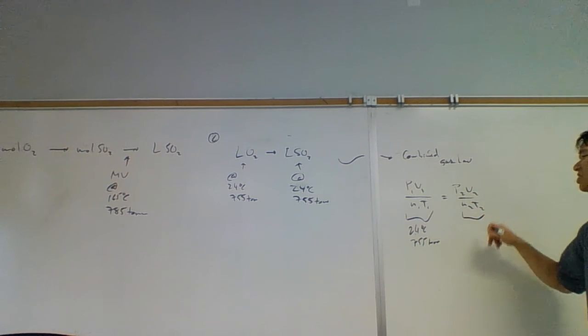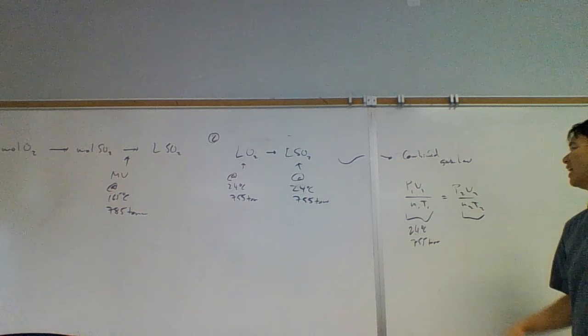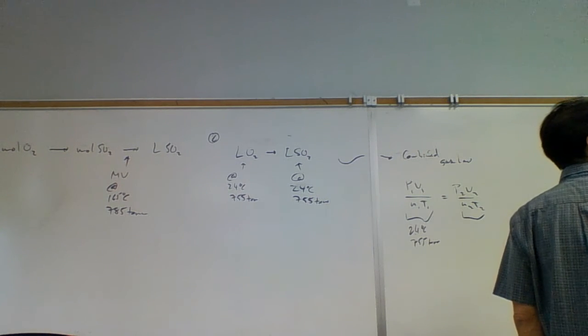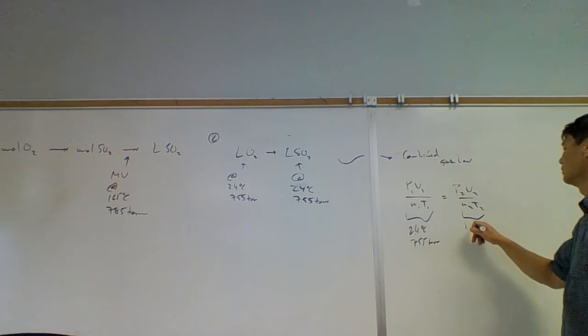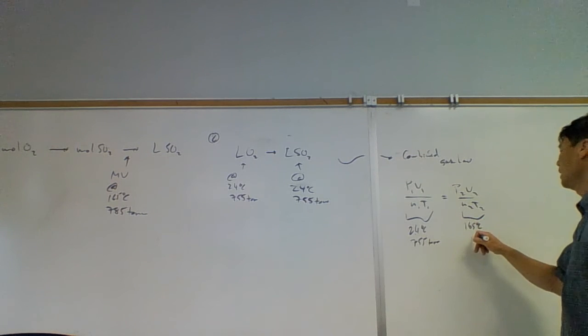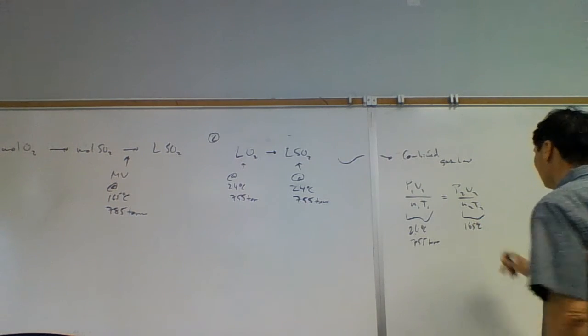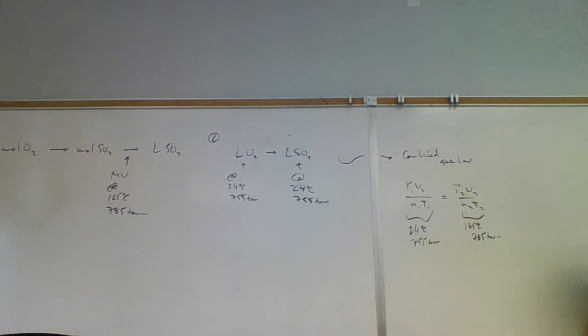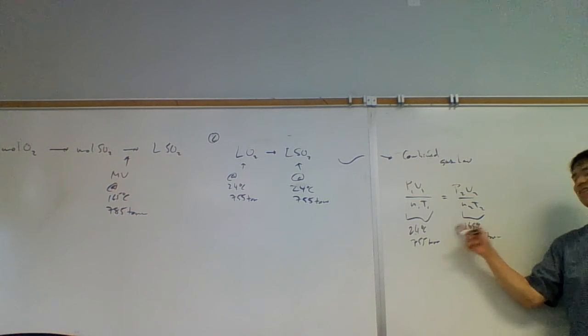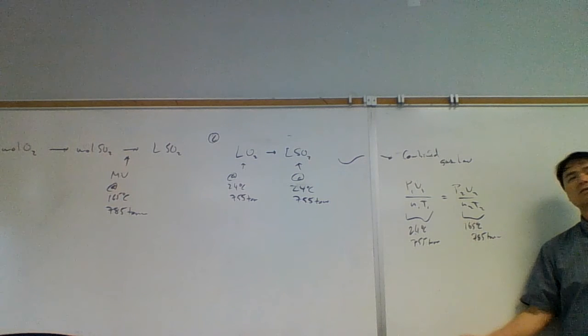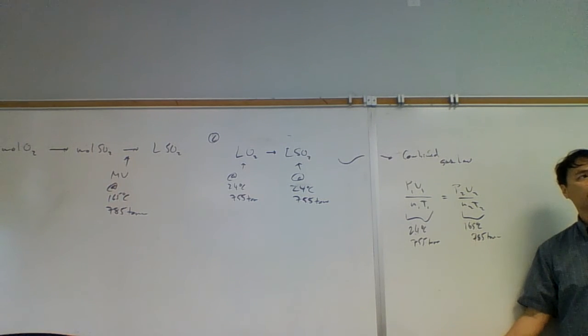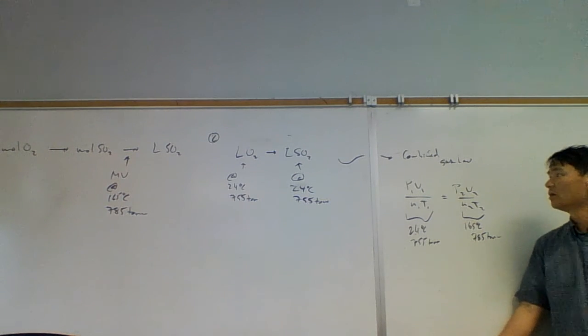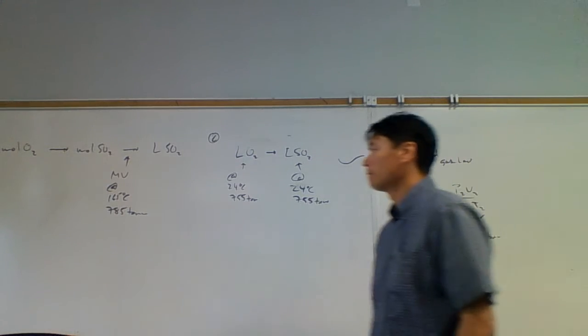And then conditions 2 will be at 165 degrees C and 785 torr. We'll change the temperature, we change the pressure, and see what happens to the volume. So that would be the combined gas law.